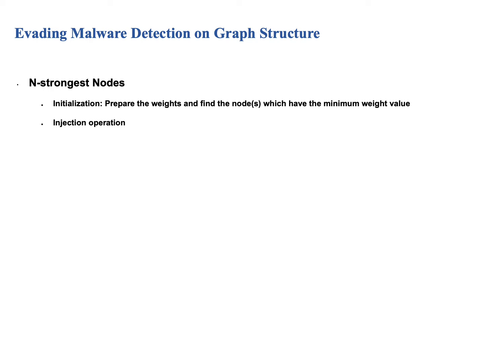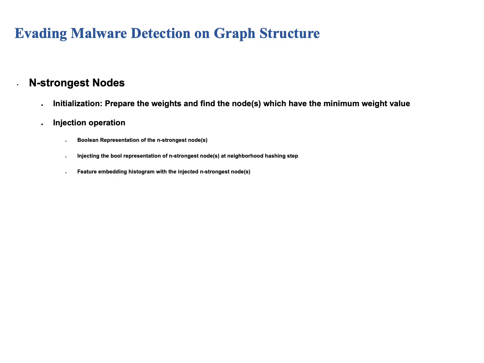And then after we find the node, we need to do our injection operation. The first step, we should represent our node by the binary representation. And after that, we will inject the binary representation of the node into our neighborhood hashing step, and of course the feature embedding histogram step, and also the histogram extension and no histogram extension step.